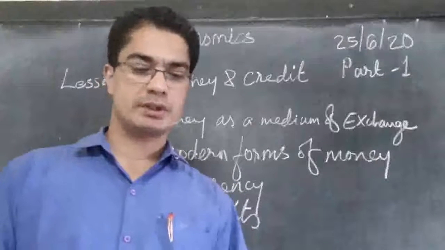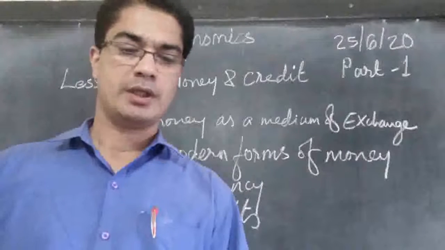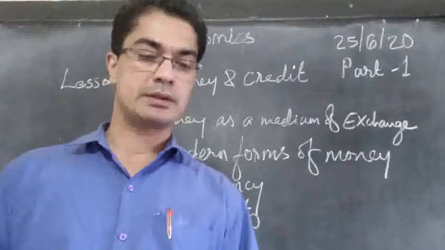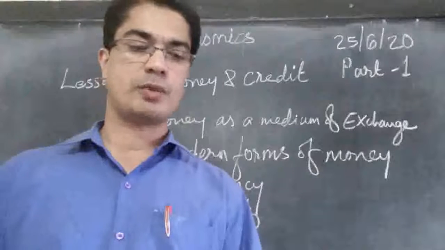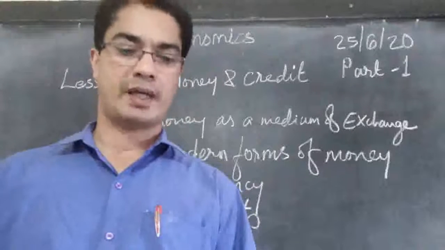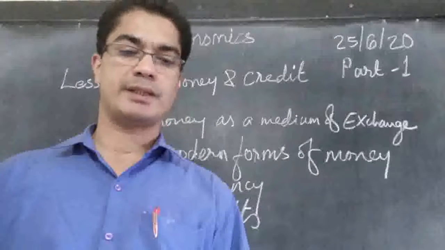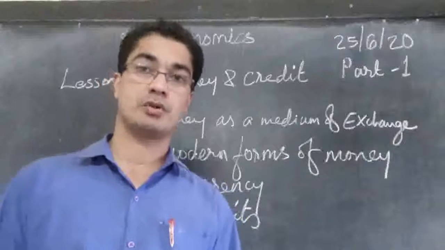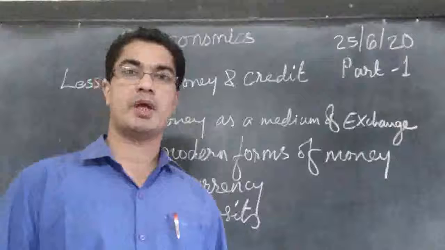Then demand deposits offer another interesting facility. It is this facility which lends it the essential characteristic of money, that of a medium of exchange. You would have heard of payments being made by checks instead of cash. So another mode of payment is that you can pay with a check.